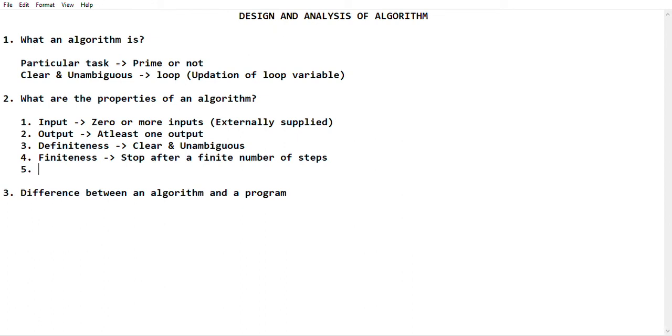Property number 5 is effectiveness. This property tells that an algorithm should be made up of some basic instructions.